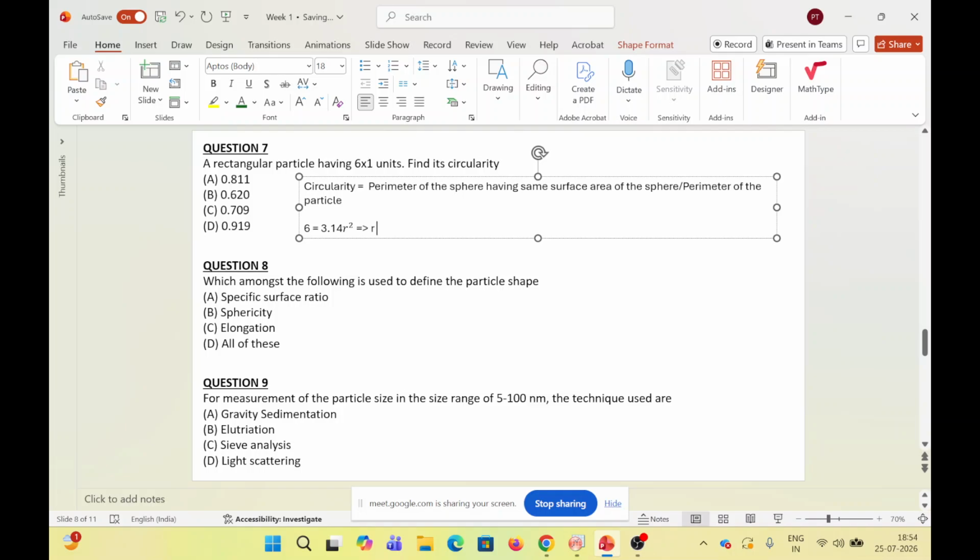Once you know the r value, you know the perimeter of the circle, that is 2 pi r, right?